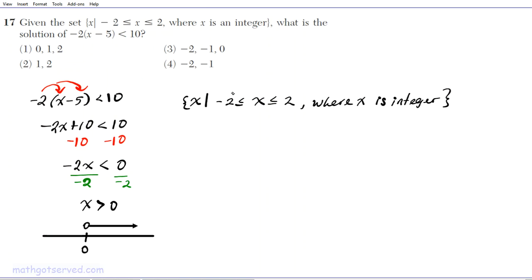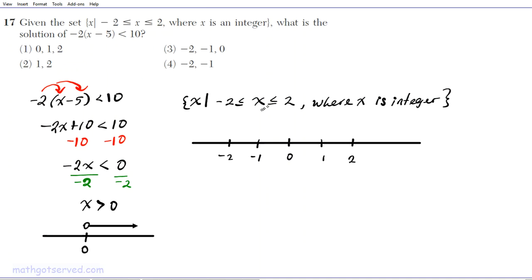Okay. What if I wanted to graph this set right here? On the number line, it will be points. Okay, they're integers. So let me show you what this looks like. Negative 2, negative 1, 0, 1, 2.